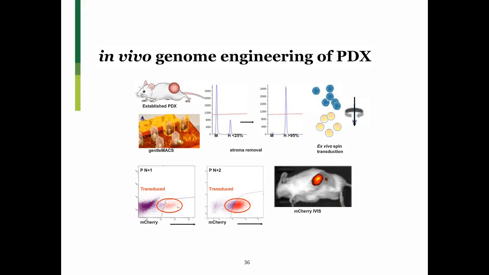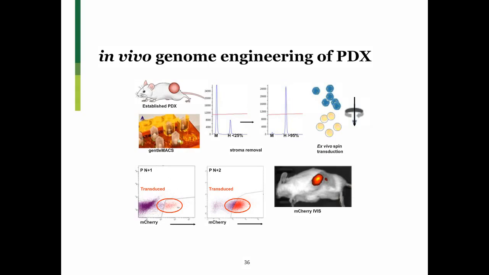We begin with making a single-cell suspension from a patient-derived xenograft. We then remove stroma, and that's depicted here in the middle. The human fraction initially is actually less than 25% in this particular model, but after we deplete the mouse cells, they actually end up being the minority cell population.